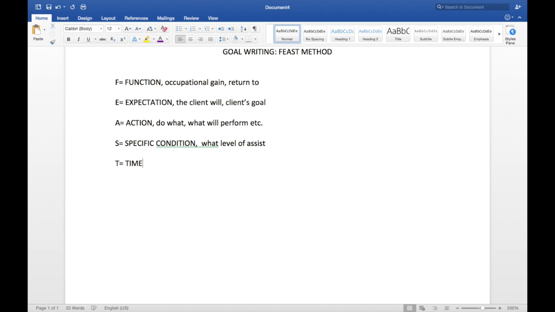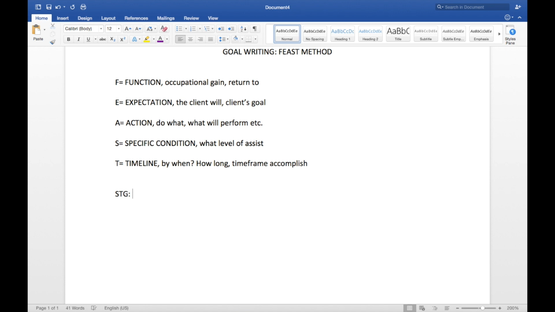The T, very easy, timeline. By when? When do we plan on having this accomplished? What is the patient's timeline? When would they want to be able to achieve this goal? Okay, so these are the aspects. It may not be in the order because of sentence structure. You want to make sure your sentence makes sense, but these are the required elements when we're talking about goal writing. Okay, so let's look at examples.